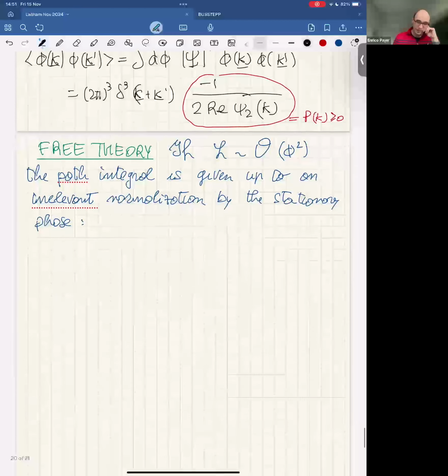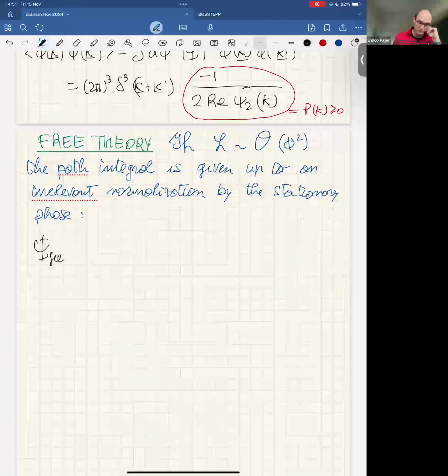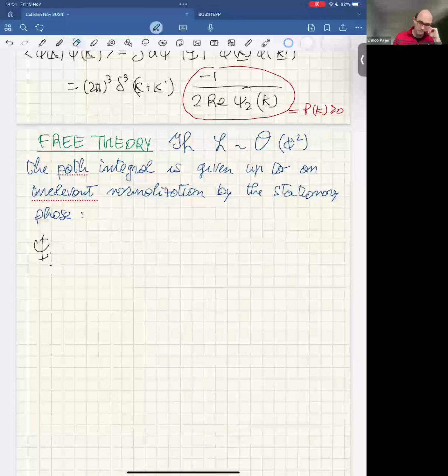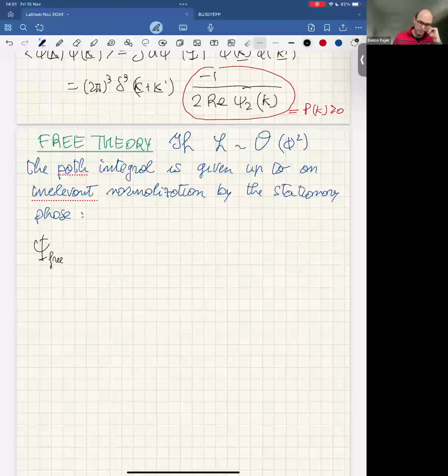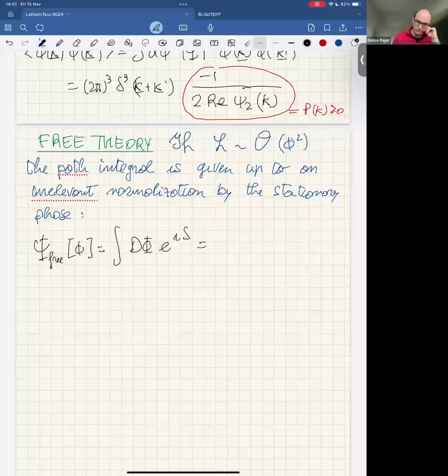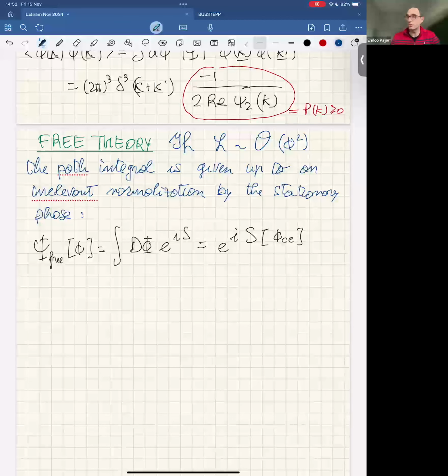Here it is exact. So psi for a free theory, which in principle would be a complicated path integral, who knows what it is, is just given by evaluating e to the i S on the stationary phase. And the stationary phase, I'm going to call it phi classical, because phi classical is the solution of the classical equations of motion.